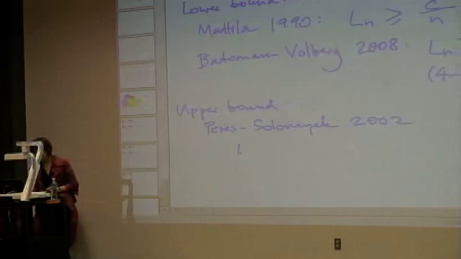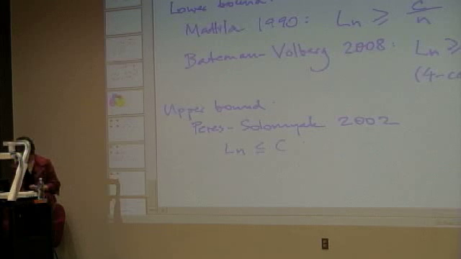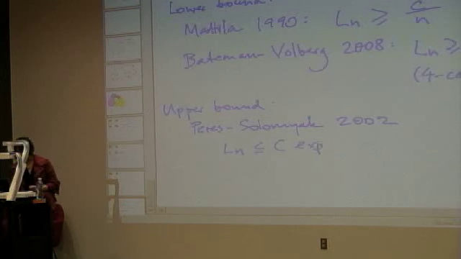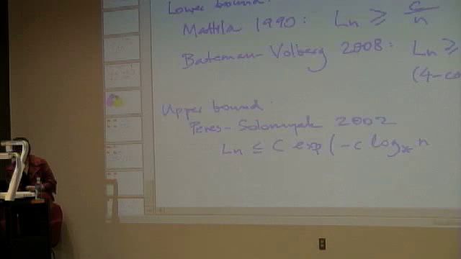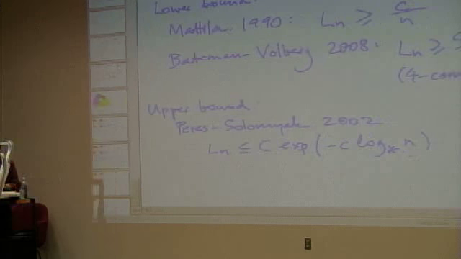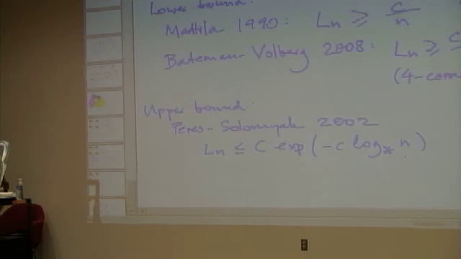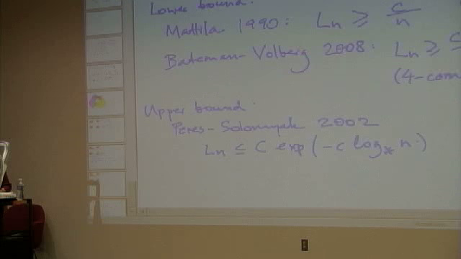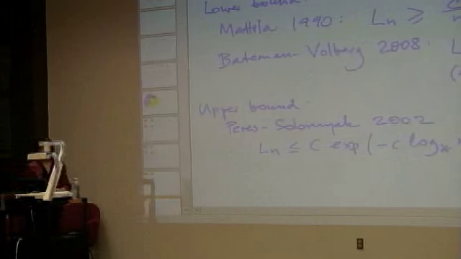They proved that Ln is bounded from above by a constant times e to the minus c log star n, where log star of n is the number of times that you have to take the logarithm of n until you get to 1. So that's not anywhere close to what's expected, which is somewhere in that area.